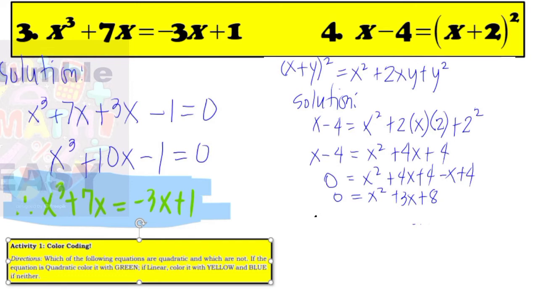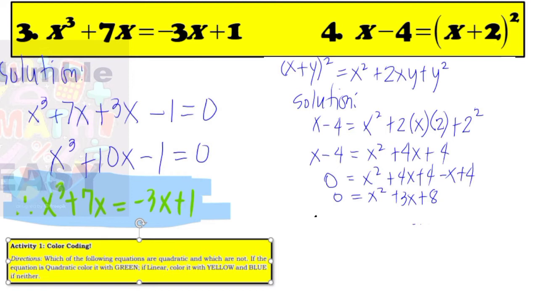From that, the next step is x squared plus 4x plus 4, knowing the product is x squared plus 2 times x times 2 plus 2 squared.